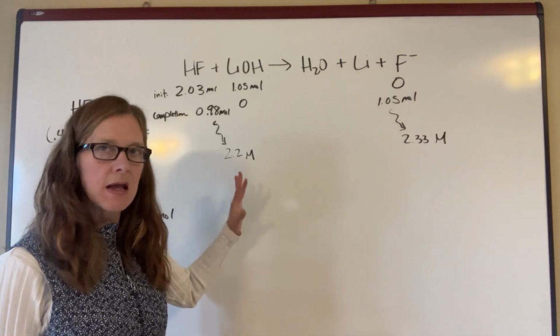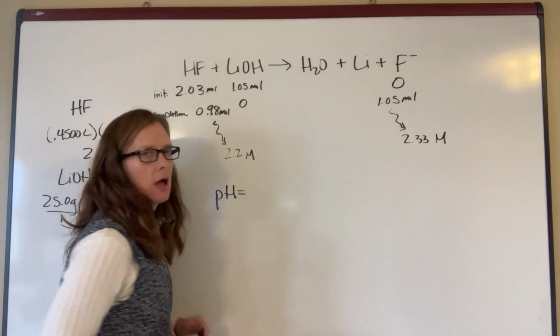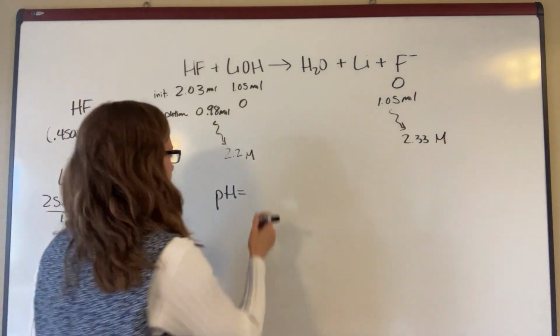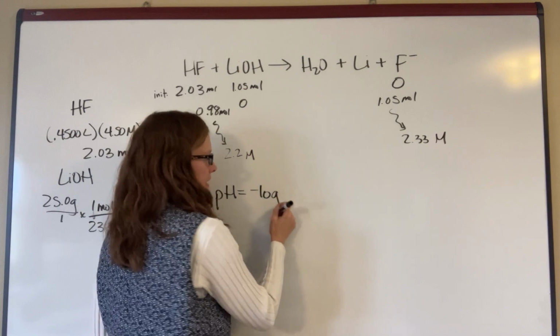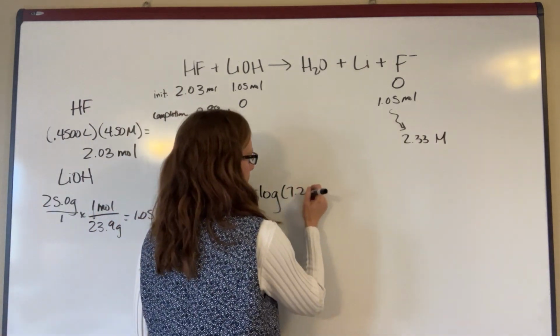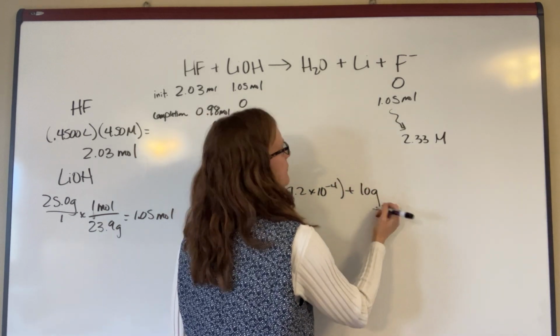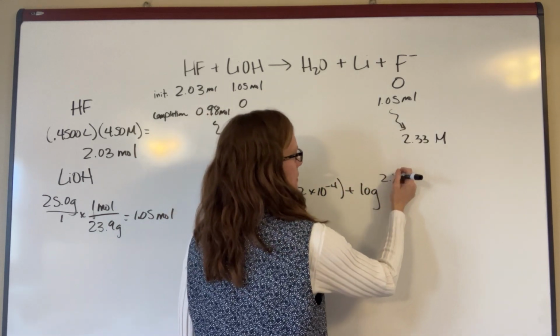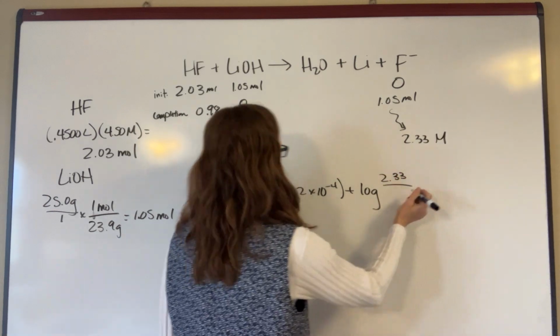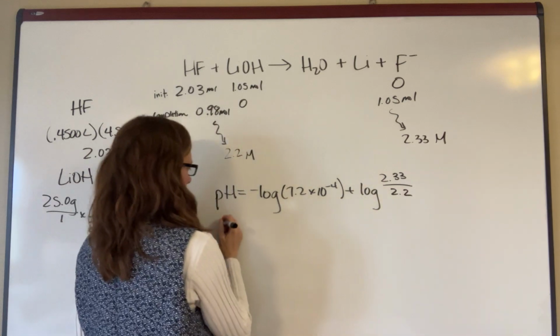From there, I can now use Henderson-Hasselbalch. So I have pH. I need the pKa. They gave me the Ka, and that's 7.2 times 10 to the minus 4. Plus the log of the concentration of the base, which is 2.33, over the concentration of the acid, which is 2.2.